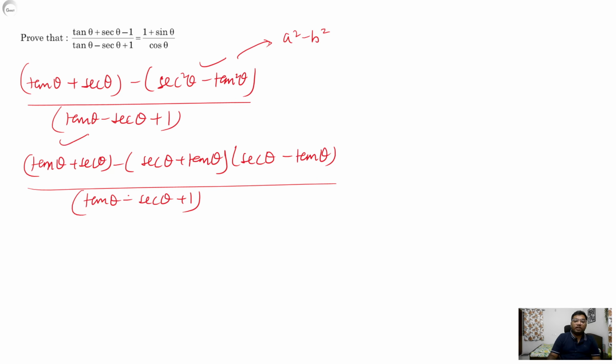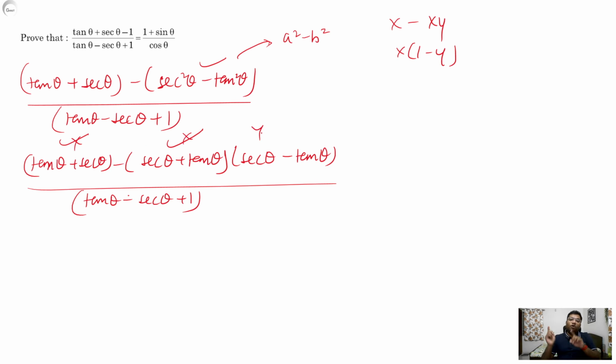In the numerator, if you see, tan theta plus sec theta is common. Not able to see it? Okay. x minus xy: x is common, 1 minus y will remain. Now it's okay. We have x and xy, correct? So I am constantly searching for algebra. Constantly, all the time. In a trigonometry question, I'm always looking out if there is an algebraic identity, or if there is an algebra situation existing.